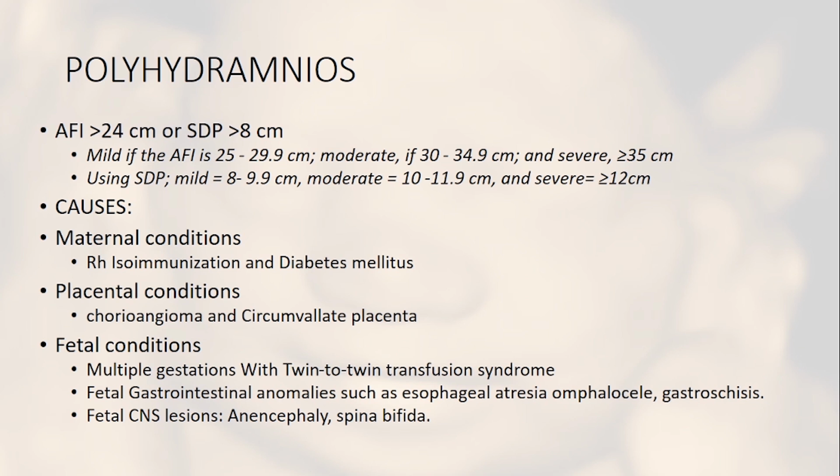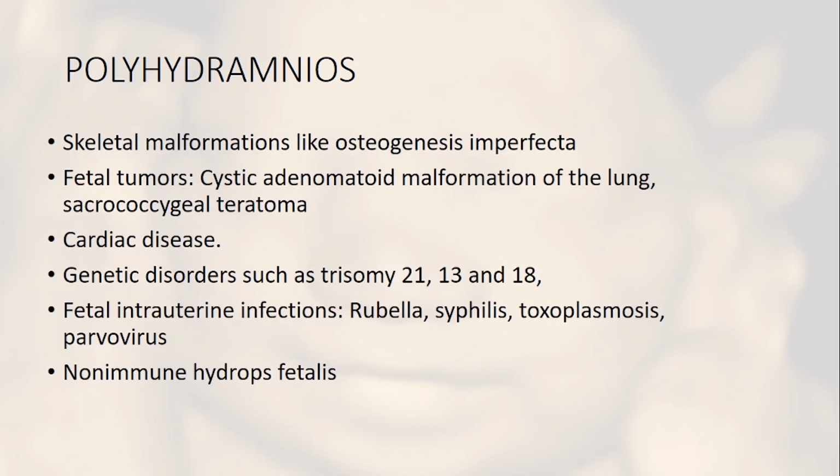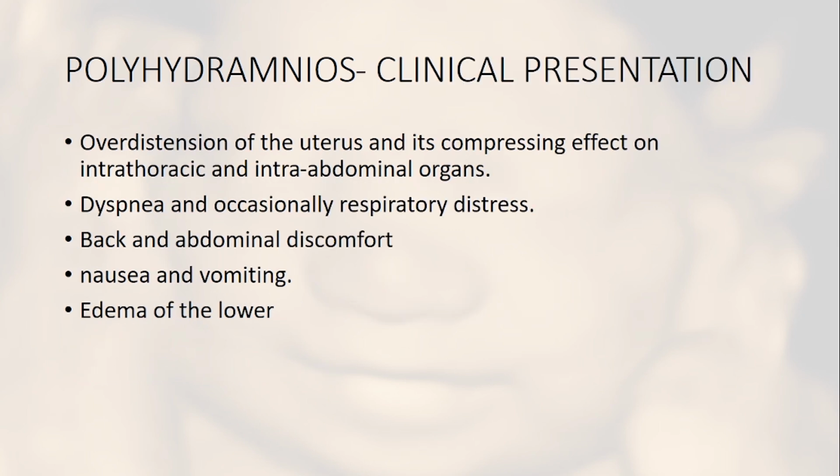Then if there are problems with the fetal gastrointestinal system, esophageal atresia, omphalocele, gastroschisis, this can also lead to polyhydramnios, and some fetal lesions, anencephaly has been so much associated with polyhydramnios. Then skeletal malformation, fetal tumors, cardiac disease, genetic disorders, and sometimes you have non-immune fetal hydrops. Usually present with overdistension of the uterus.